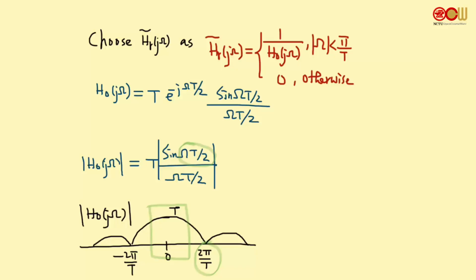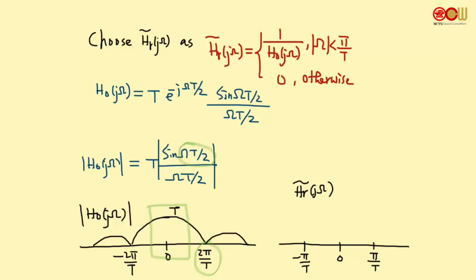So we can draw that as well. If we draw HR tilde j omega, then it will be 0 outside the range pi over t to minus pi over t, because this is the range of HR tilde.